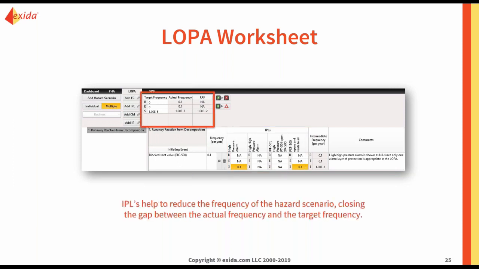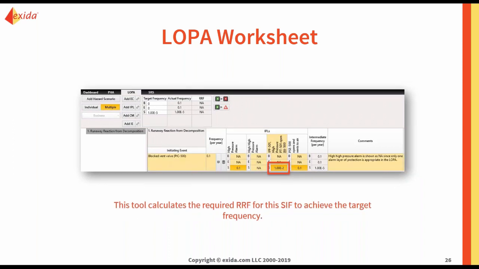In this case, as you're doing your LOPA calculation, you want your actual frequency to match your target frequency. And if it doesn't, you're going to have a resulting risk reduction factor. You can have this risk reduction factor just apply to the hazard scenario at large, or you can choose to apply that risk reduction factor to your instrumented protective function or your SIF.